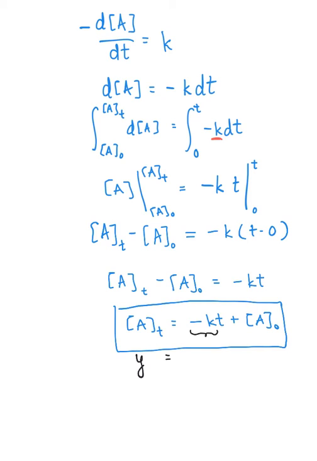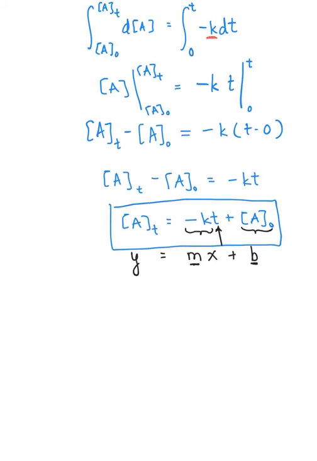This whole quantity, k, with a negative sign out in front, is a slope. If time is like x, and if this quantity here, A at time 0, is a y-intercept, b. We know that the y-intercept and the slope define a straight line.